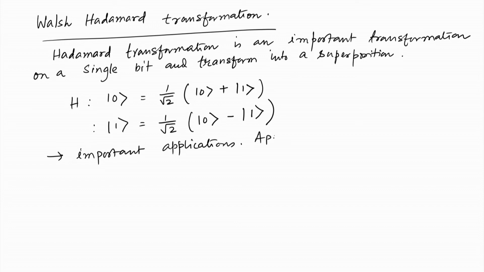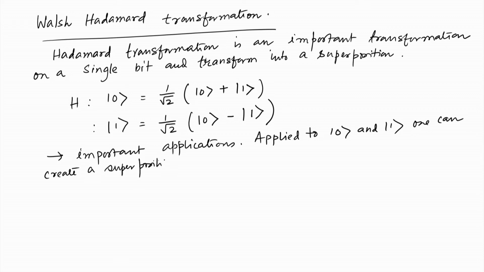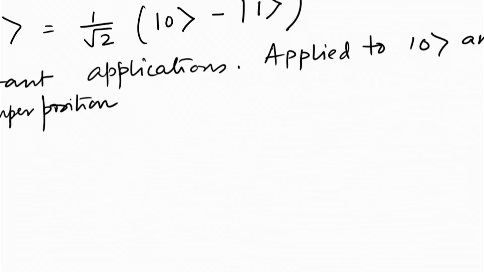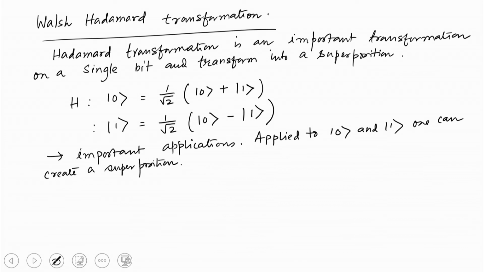Applied to 0 and 1, one can create a superposition. All right. So, this can in principle be applied to n bits.